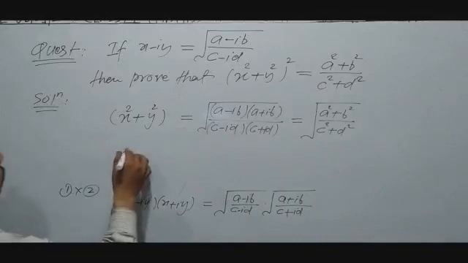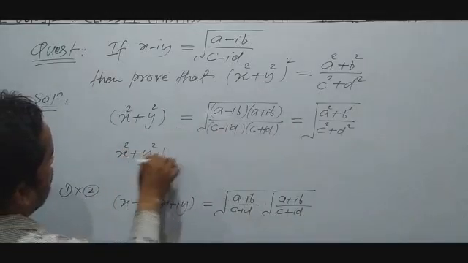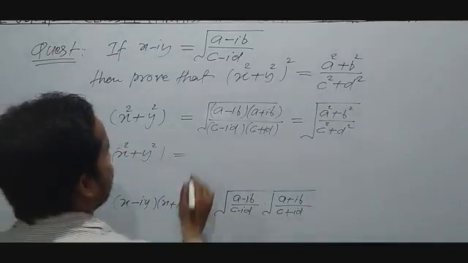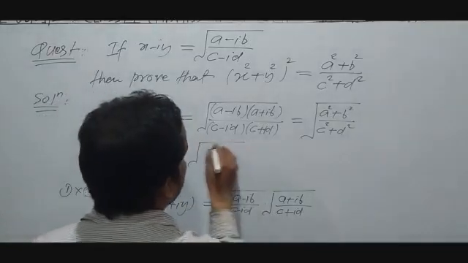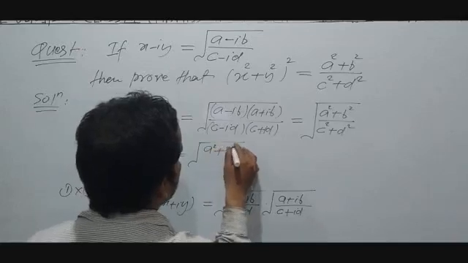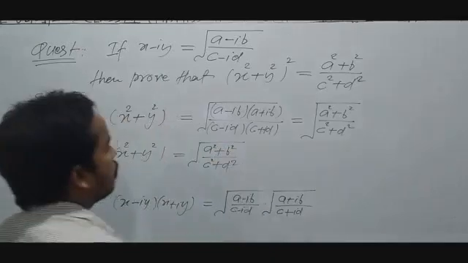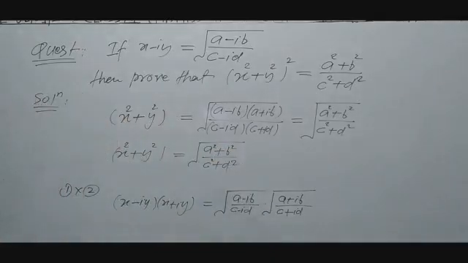Now x square plus y square, we can write as root over... c square plus d square. Now squaring both sides, what will you get as the result?